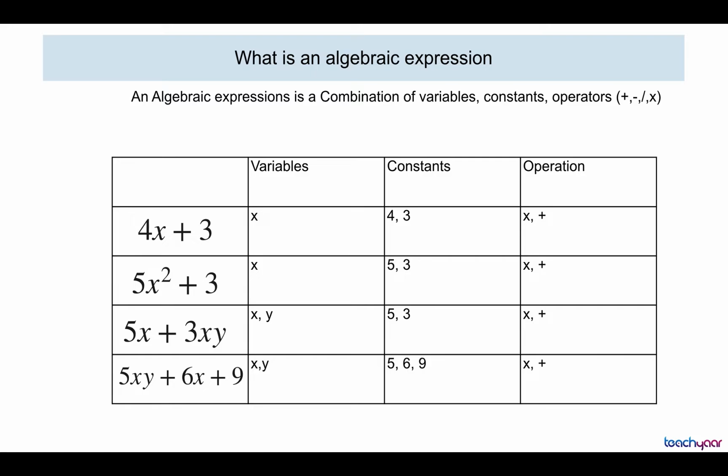So again, the variables are x and y. Now the constants are 5, 6 and 9, 3 constants. And again, the operations are plus and multiplication. And can you see the multiple multiplications in this and this term? There's a 6 times x and there's a 5 times x times y. So that's what an algebraic expression is. It's very simple, right? Okay.